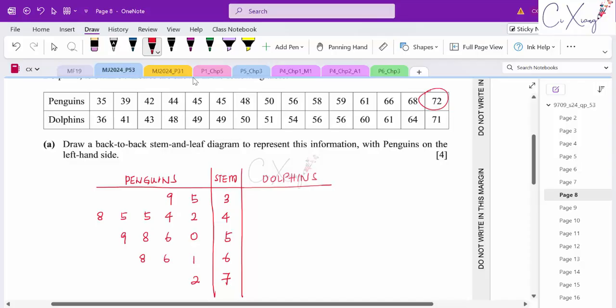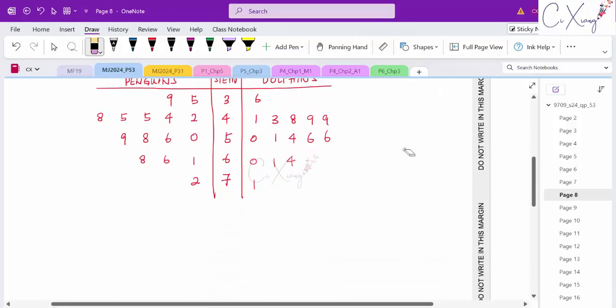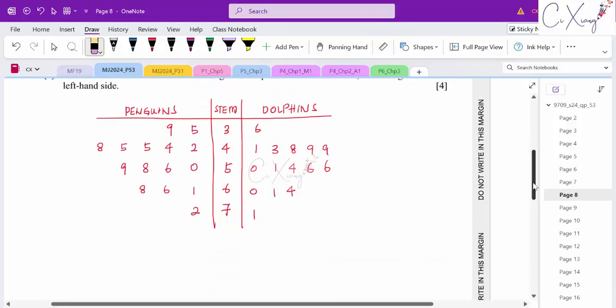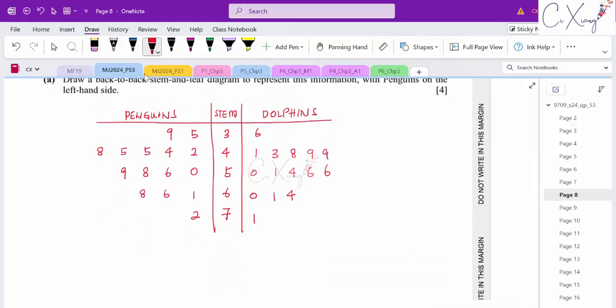Then for Dolphin, okay, so we successfully put in all the values into the back-to-back stem and leaf diagram. And after that, don't forget about the key. So we should put in the key.